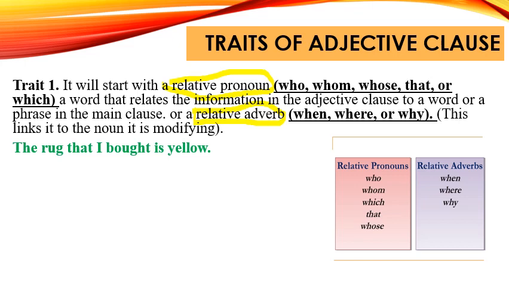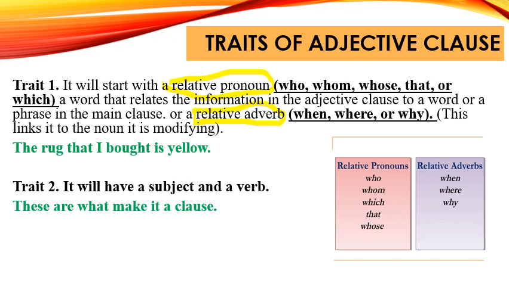For example, the rug that I bought is yellow. That I bought, that here is a relative pronoun. This word relates the information in the adjective clause to the word or phrase in the main clause. And the relative adverb links it to the noun which it modifies.